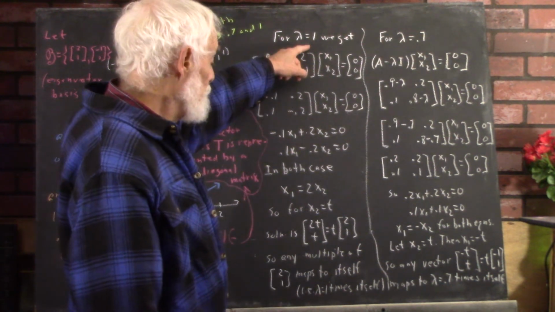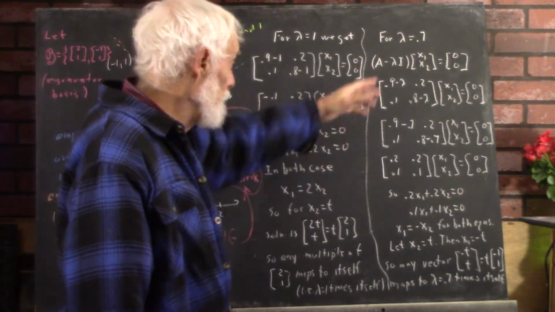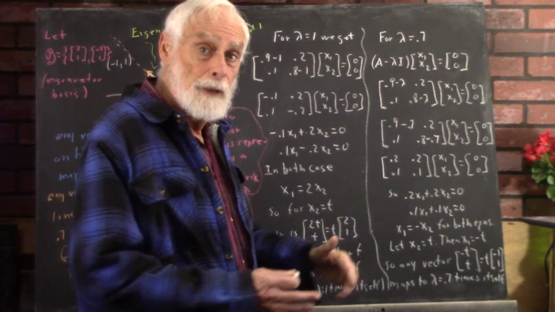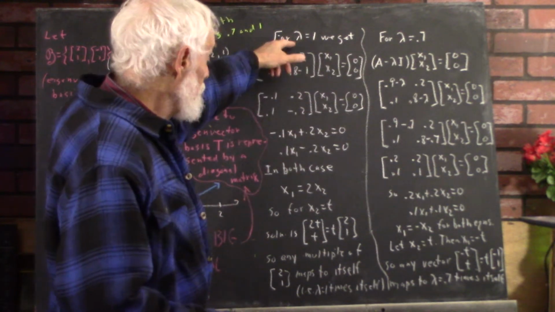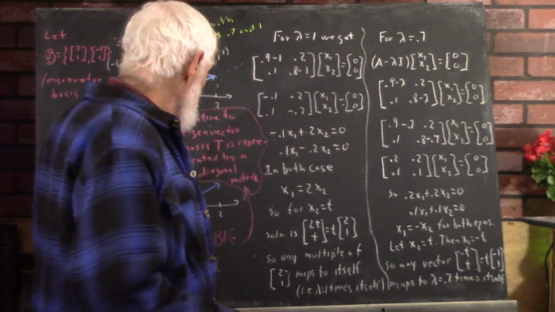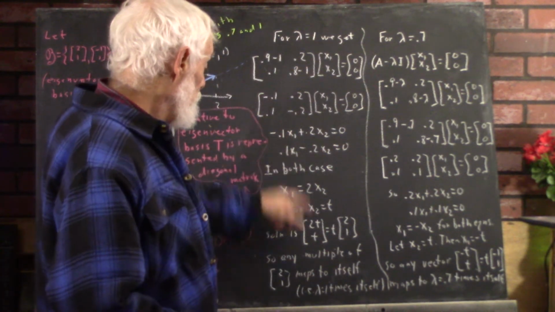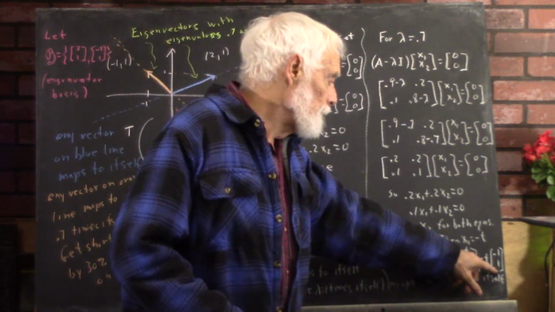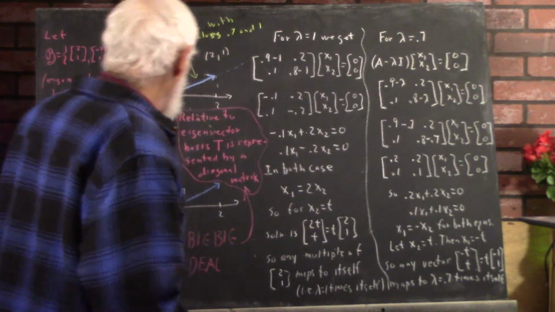Because lambda equals 1, unlike over here, where it maps the vector to 0.7 times itself, shortens the vector by 30%, this one maintains the length of the vector. Okay, so there we have it. So here are two eigenvectors, negative 1, 1 and 2, 1.